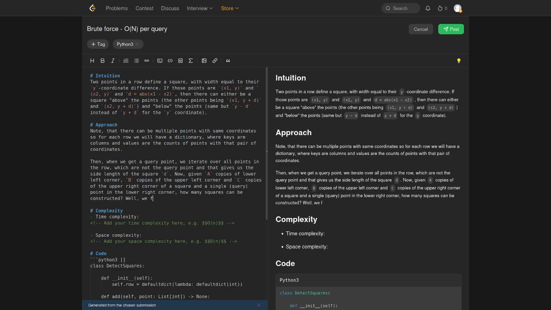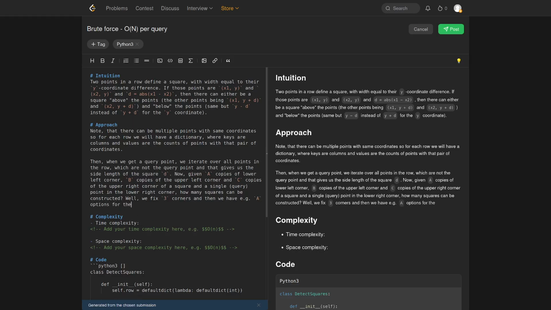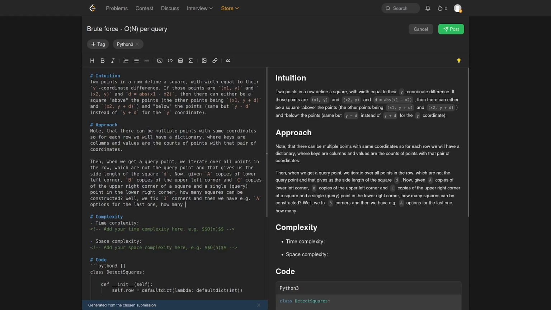Well, we fix 3 corners and then have e.g. a options for the last one. How many ways to fix the rest?